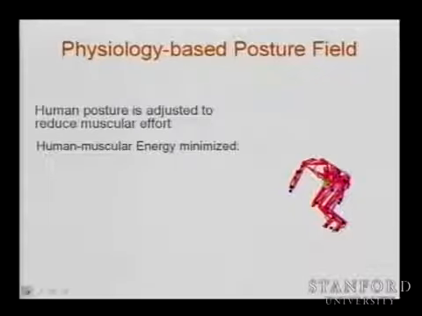So the muscle tension is M. If I'm minimizing the muscle effort, the energy is going to be M squared, right? But there is the capacity, and what we speculated is that this energy is weighted for different muscles with their capacity. So here is the energy.